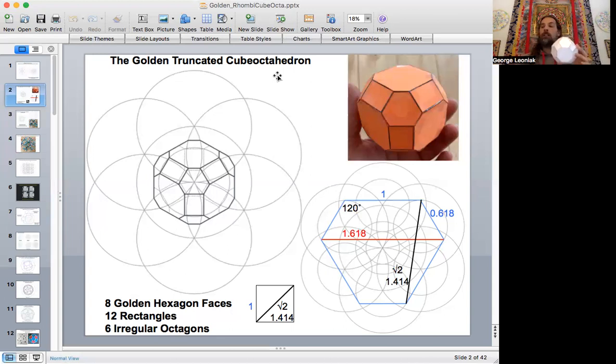It's basically doing the same thing as that, except we've changed the hexagon face into a golden hexagon. And when we do that, it's going to open up different possibilities and new forms that can be created through that process.